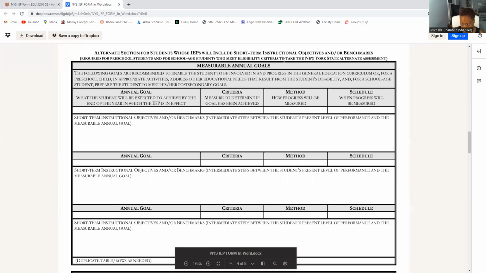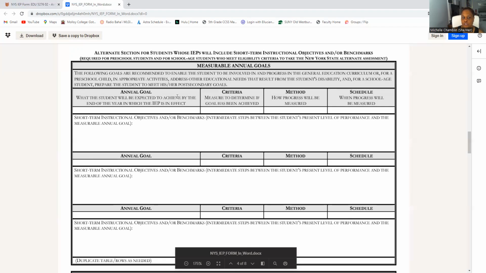So let me highlight the New York State alternate assessments. The alternate assessments are not assessments that lead to a local high school diploma. So this is a different path and would lead to a different type of diploma or outcome.